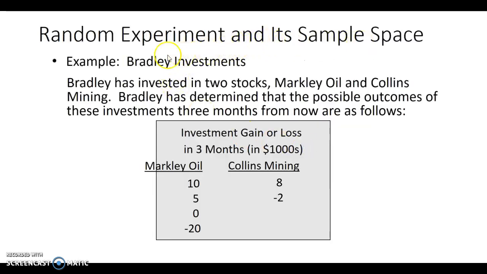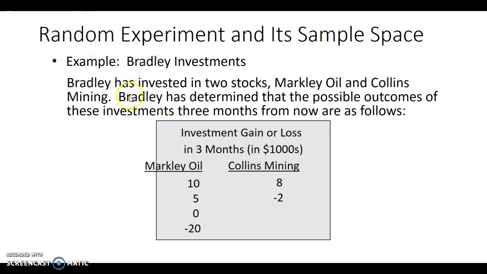Now, a random experiment and a sample space. Here, we've got Bradley Investments, and they're going to make investments in two stocks, Markley Oil and Collins Mining. We want to know what the possible outcomes of these investments are 3 months from now.